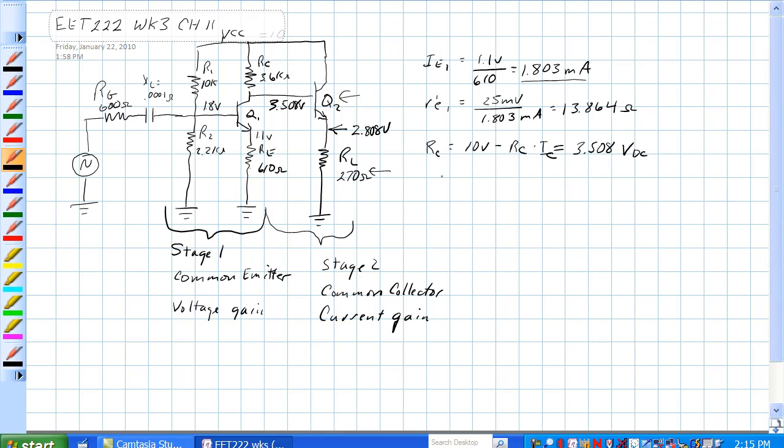Current through RL is, let's see, IRL is equal to 2.808 volts divided by 270 ohms.